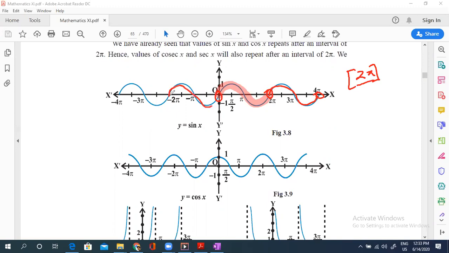From -2 pi to 0, it is like the repetition of this graph, okay? Can you observe that repetition? Yes? Any issue in that?